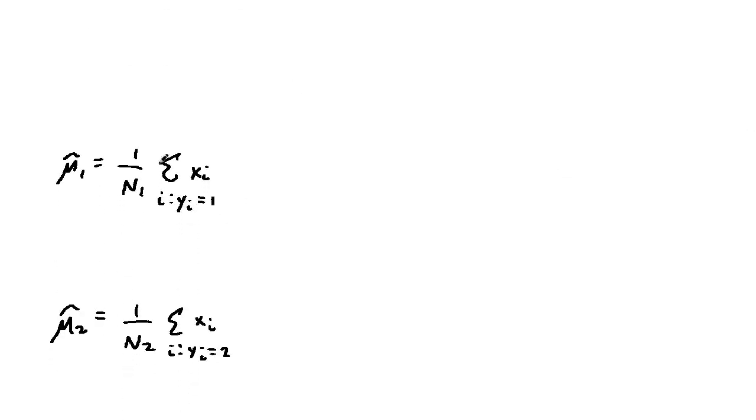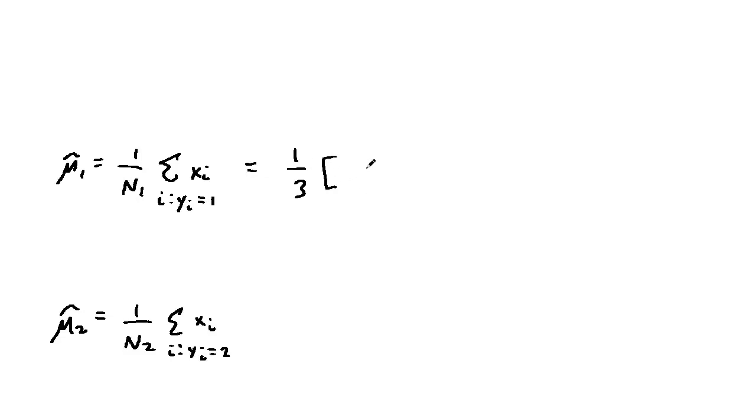Mu 1 hat is given by 1 over n1 times the sum of xi, where i ranges over all those points where yi is 1. So that's equal to 1 over 3 times all of those xi such that yi is 1.